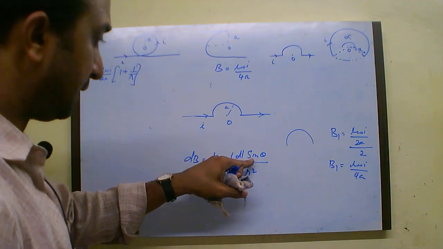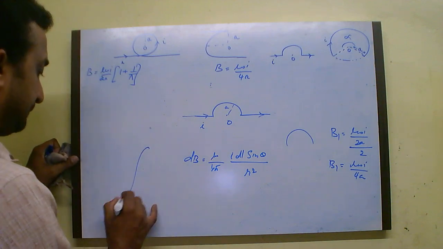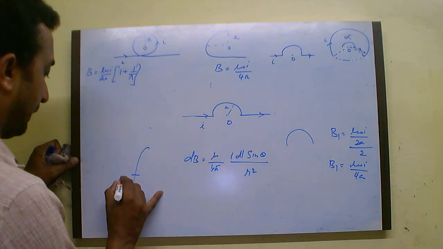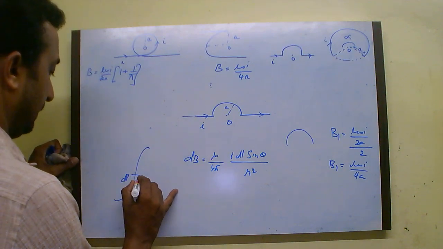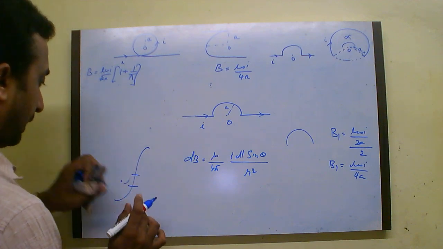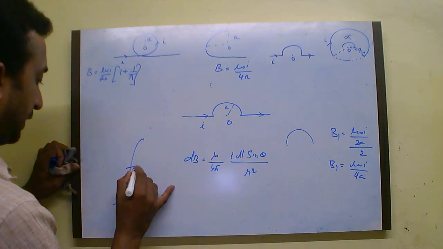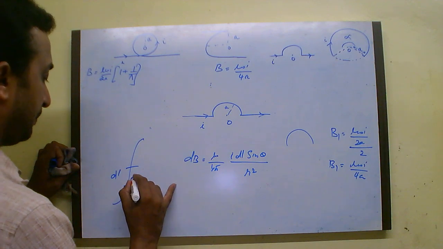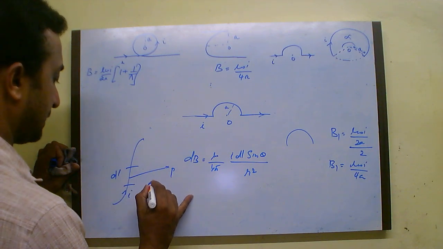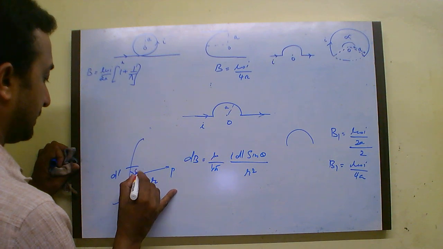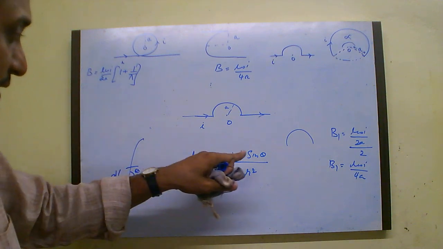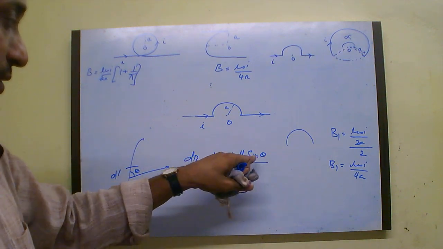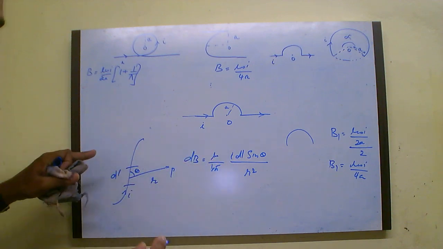Here dl is a small current element on a conductor through which a current I is flowing. You consider a point P which is r distance away, and theta is the angle, and you take the sine of that angle.